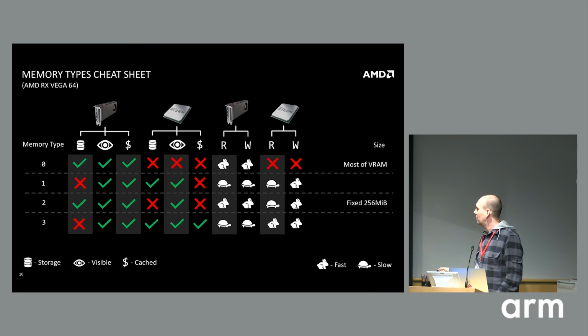And a tick in the third column, where the cache is, means this is cached by the graphics card. We have the same concept for these 3 columns. I need to be very careful with rows and columns, I'm realizing. In these 3 columns, it's in host memory, it's host visible, and it's host cached. And then the next 2 columns are the operations that you would do on that memory, so read or write.